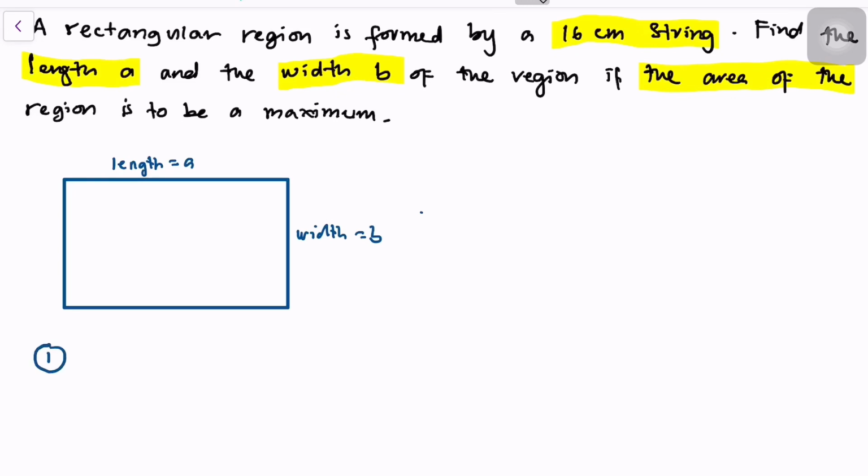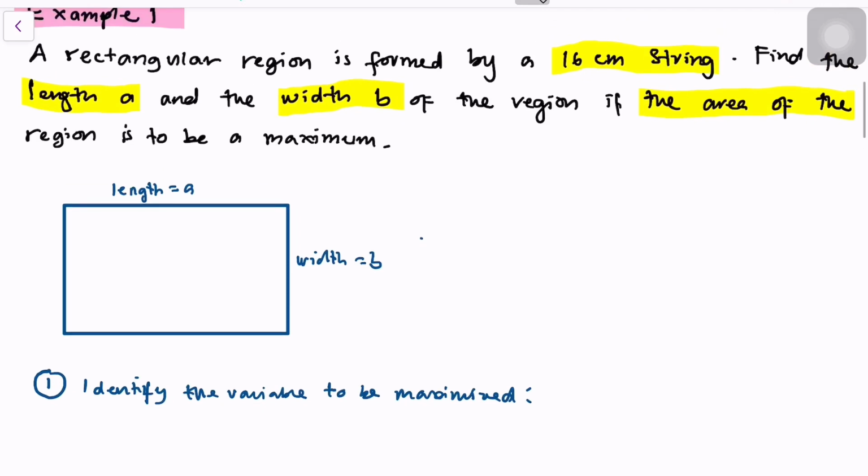We are going to identify the variable to be maximized. So since we are talking about area that needs to be maximum, bermaksud variable yang kita nak identify dekat sini adalah area of the rectangle.